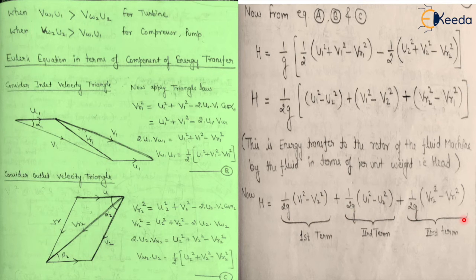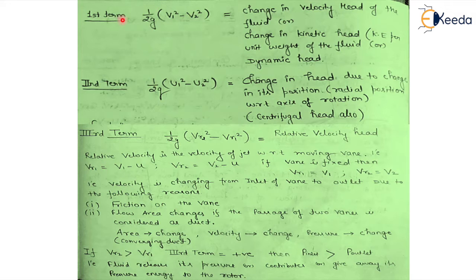Now I'll explain what the first term is. The first term, 1 by 2g into V1 square minus V2 square, you know very well, is the change in velocity head, or change in kinetic head. This is per unit weight, in terms of head.